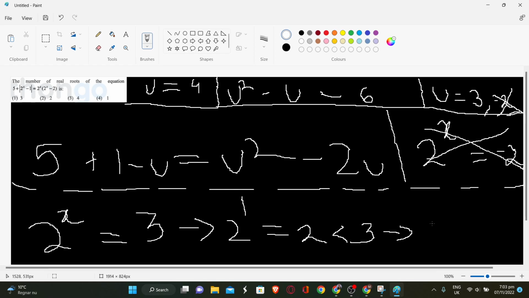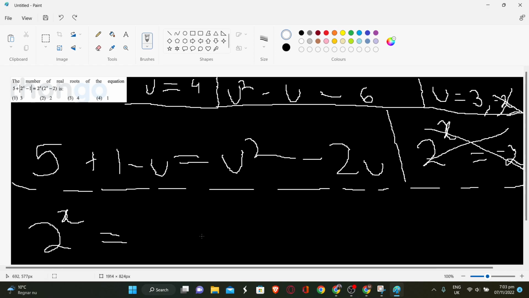So we are saying that u is equal to 3, and 3 is greater than 2. And we also know that 2 to the power x is a satisfiable solution.